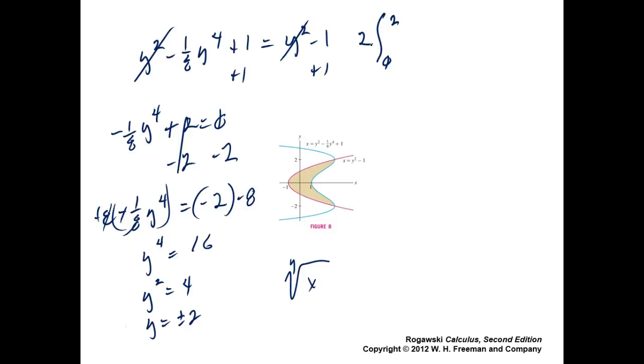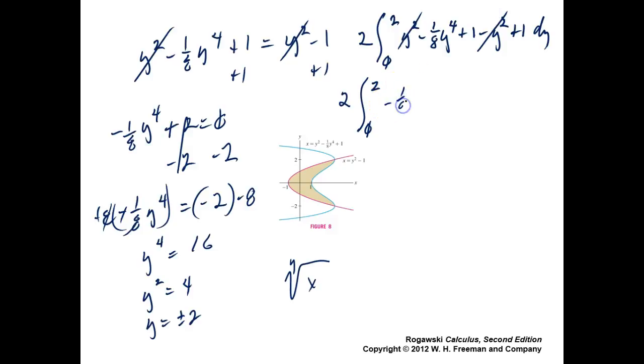So it would be the integral of, you tell me. Perfect. Okay. dy. 2 times the integral from 0 to 2. Now what do you notice you can do here? y squared disappears again.